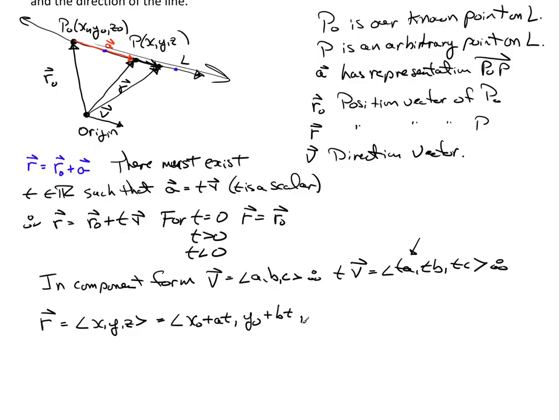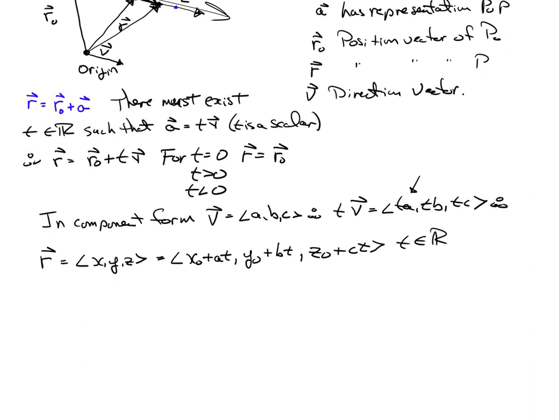Which leads me to a parametric representation. So parametrically, I could write this as x equals x naught plus at, y equals y naught plus bt, and z equals z naught plus ct.